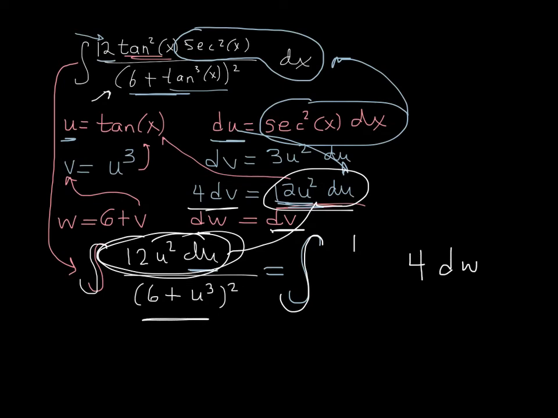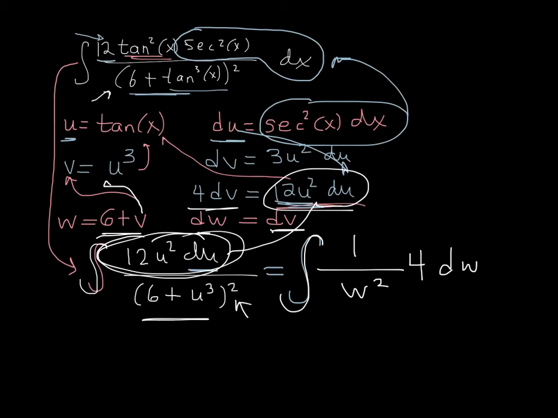This piece becomes 1 over, because I took that and moved it out. And now notice the 6 plus u cubed. Well, that's my w if I work backwards. So in other words, that parentheses is w. Well, I still have that squared there, so I have to put the square.